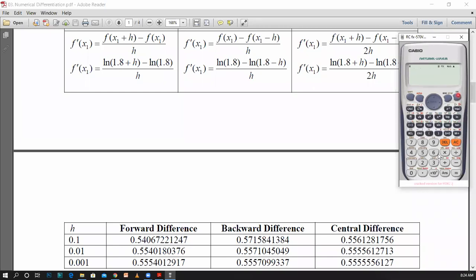If I clear the calculator and redo the calculation, I will get the function in this way.